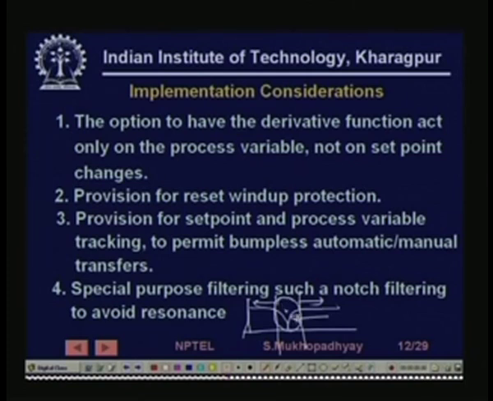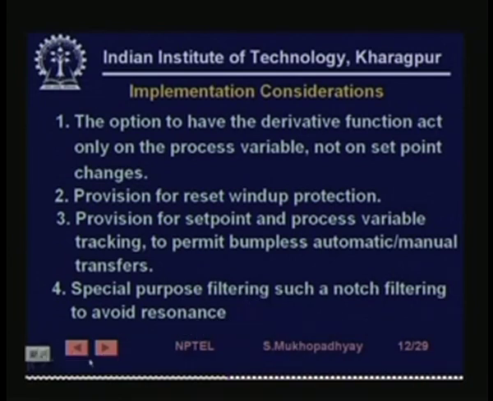If your resonant frequency is in this range, where this is omega, and this is actually the gain of the notch filter, g(j omega), then in this range the notch filter will not allow any inputs to come. Such things need to be done.